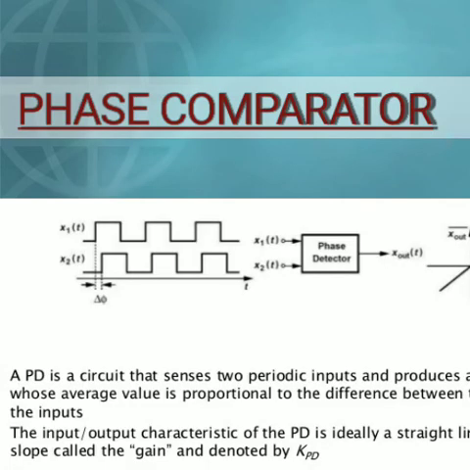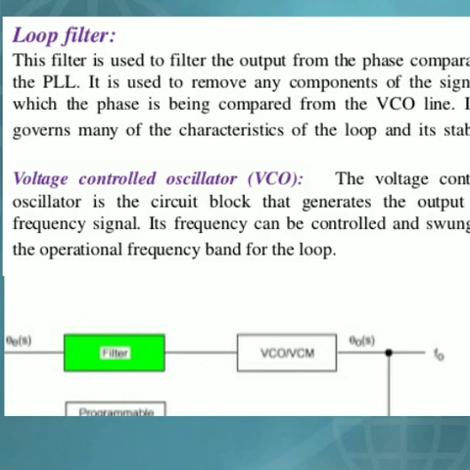The first block is the phase comparator or phase detector. As the name implies, it compares the phase of the two signals and generates a voltage according to the phase difference between the two signals, that is the reference signal and the input frequency. The second block in the phase lock loop is the low pass filter.